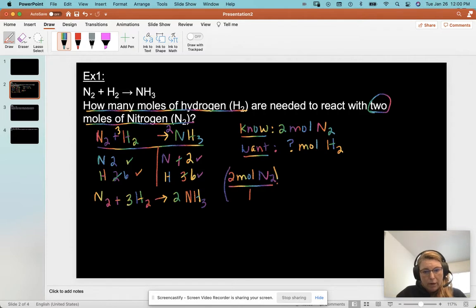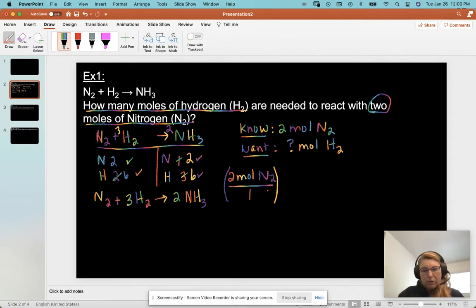I'm putting it over 1 just so that I keep it on the top of the fraction, so that when I'm multiplying and dividing things, I don't do the wrong order of operations. Remember that dividing by 1 just keeps its value. So this is just to set up my fractions. Some people don't do this.